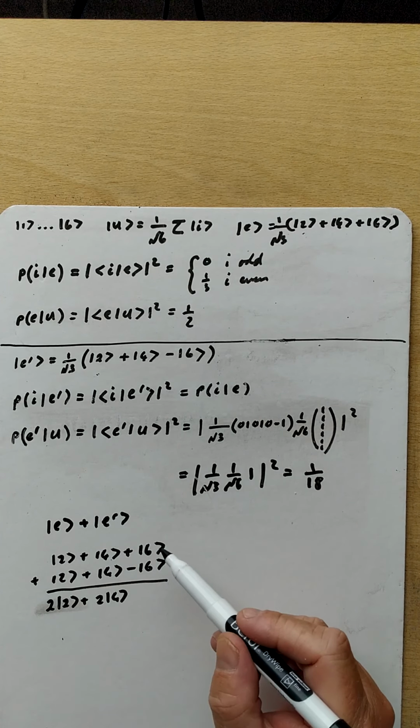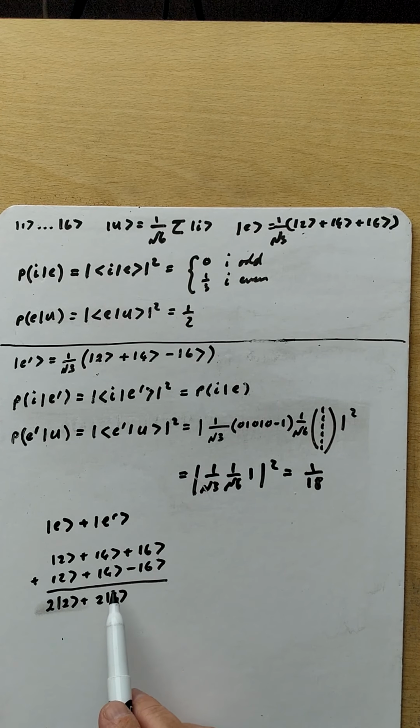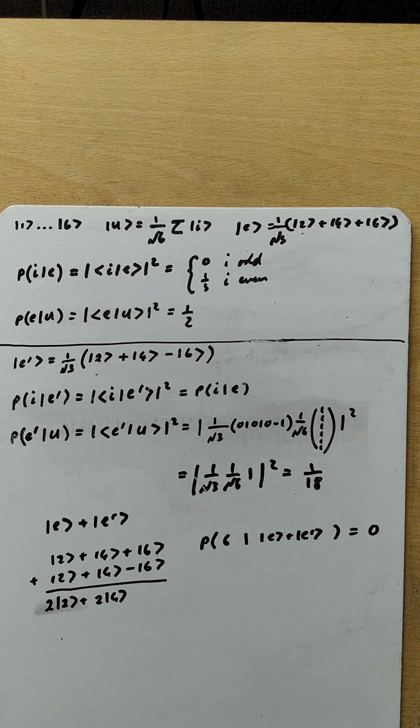But look what happens when we add the E and the E prime states. The 2 and the 4 components reinforce one another, but the 6 components cancel. The probability of a 6 when it's in a superposition of states like this is actually 0.